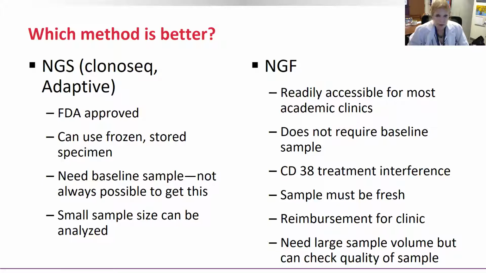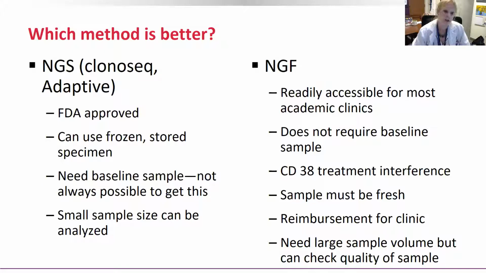Sometimes labs or hospitals will store those baseline samples and you can get to them. Probably in the future we'll be able to take that piece of bone marrow that's usually kept in the pathology lab and do this next generation sequencing on it. But right now, we need an aspirate sample, and we also need a bone marrow test from when you were first diagnosed, if that's going to be the comparison.